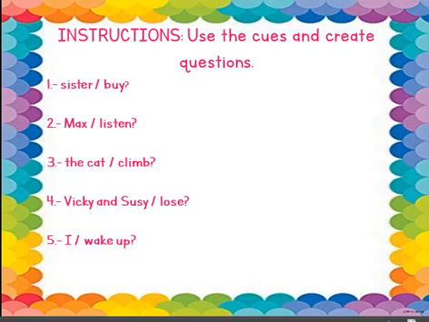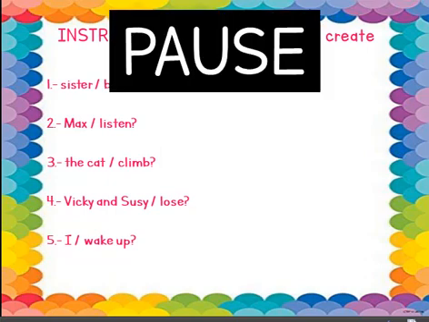Number four, Vicky and Susie, lose. And number five, I wake up. So please, using these cues, create some questions. So in this moment, please pause the video, write these cues in your classwork notebook, and write the possible questions. When you finish, you can come back to the video and we will check together the answers, okay?